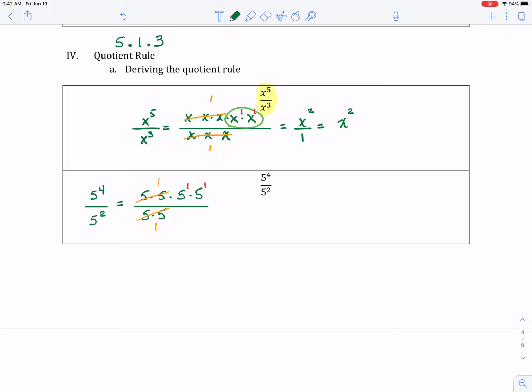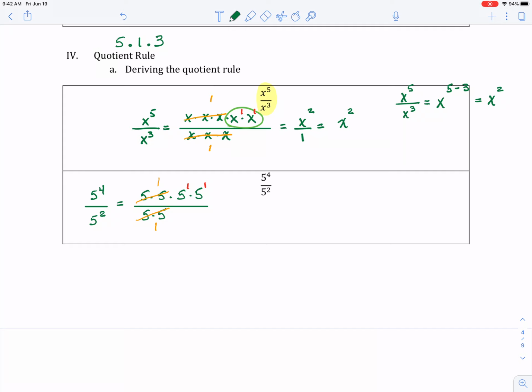I hope you're already noticing that since the bases were alike, if we start with the exponent in the numerator and subtract the exponent in the denominator, we would arrive at the answer that we got by doing all that expansion. So that's a quicker, faster way to get to the result.